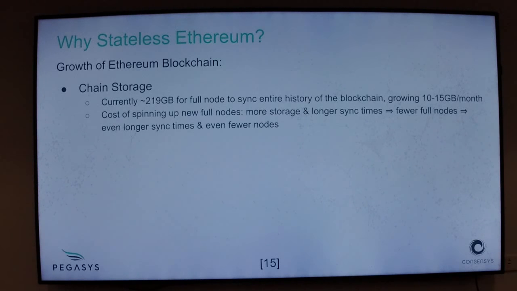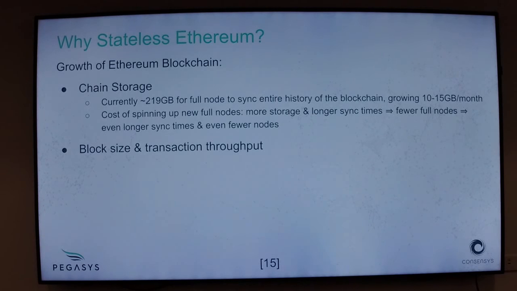The more pressing problem really is the cost of spinning up a new full node. The more storage and the longer sync times will imply fewer full nodes. And if there are fewer full nodes, then we're getting even longer sync times and even fewer nodes. So it's a bit of a cascading effect there.